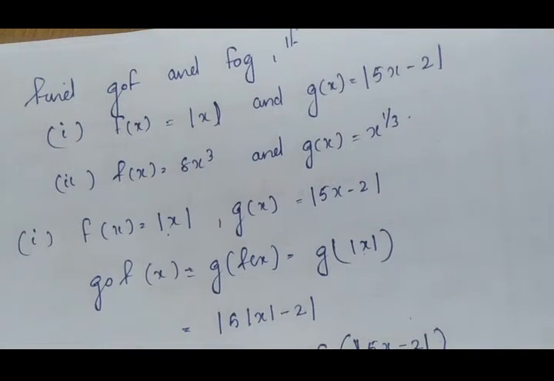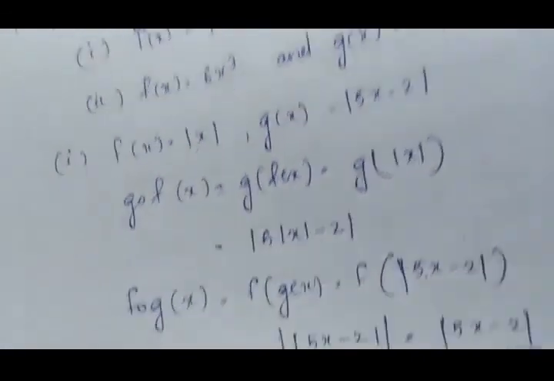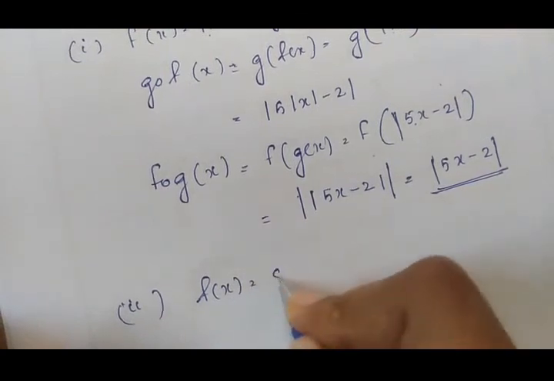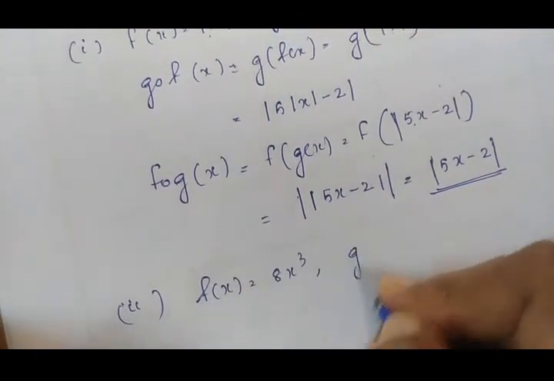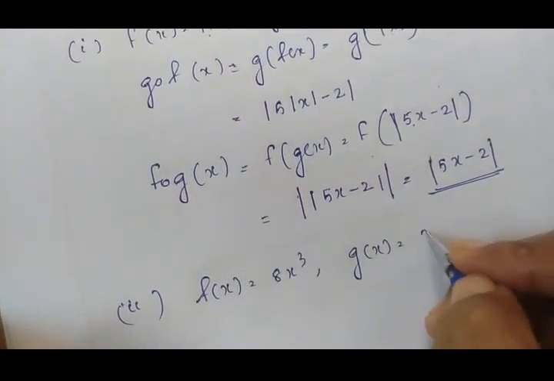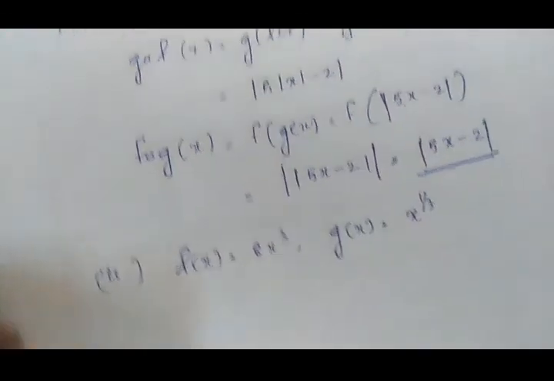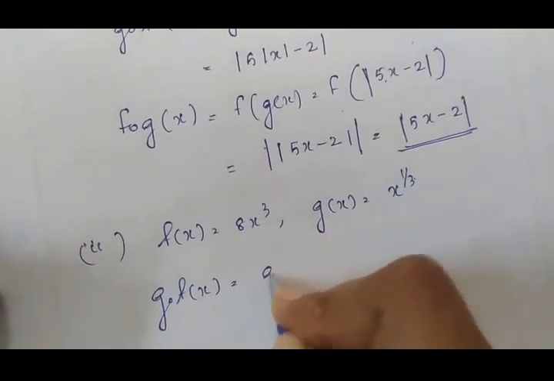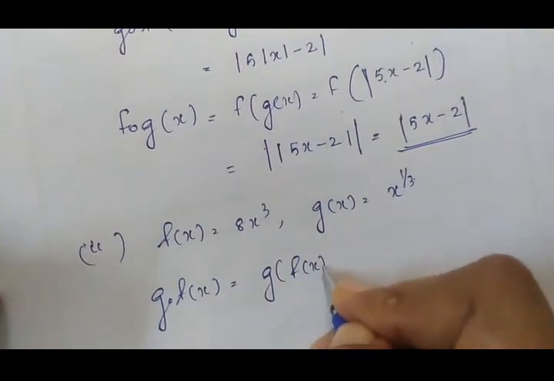For the second question, f of x is equal to 8x raised to 3 and g of x is equal to x raised to 1 by 3. g∘f of x is equal to g of f of x.